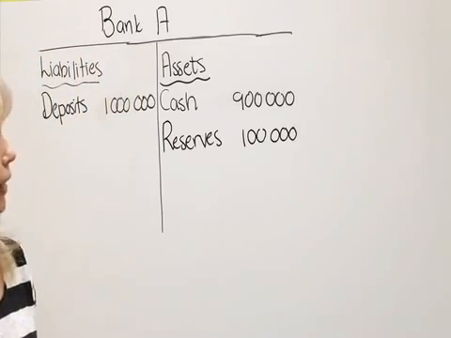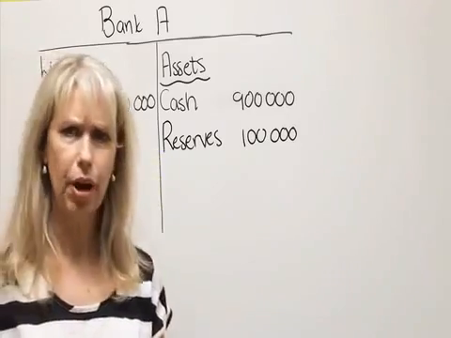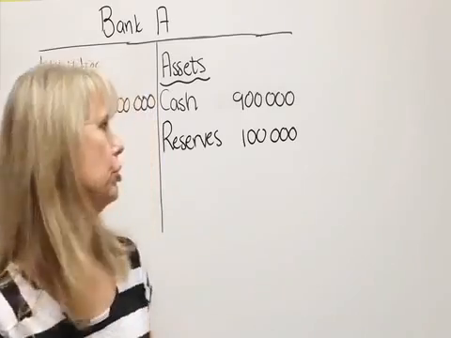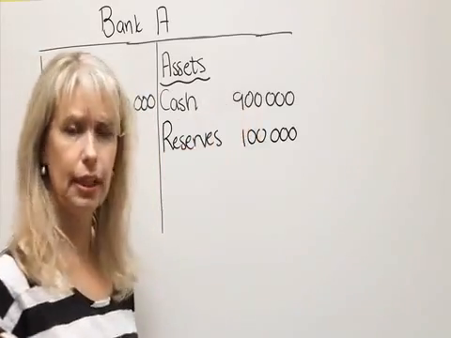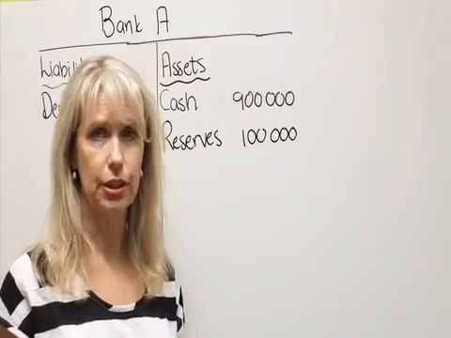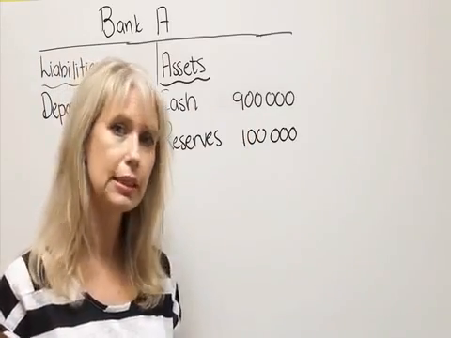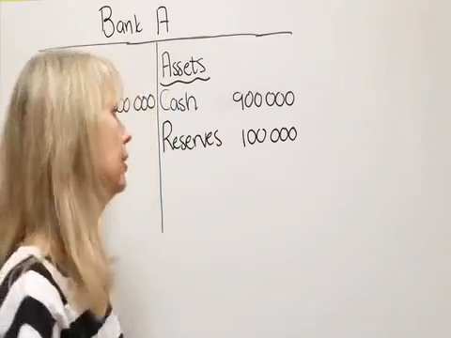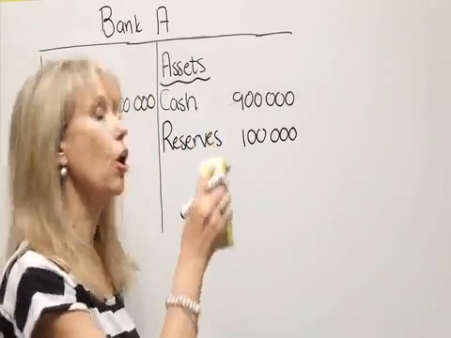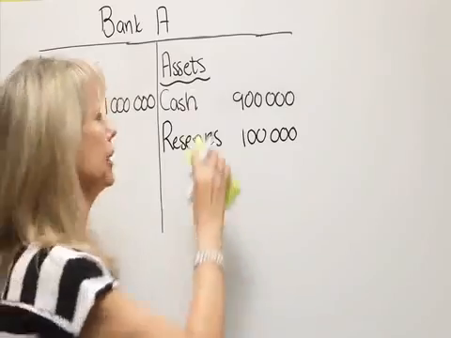Will this bank be able to make a profit? Of course not, because it holds cash and you don't earn any interest on cash. So what is this bank going to do? It's rather going to lend out this money. So this bank will probably not hold this amount in cash.